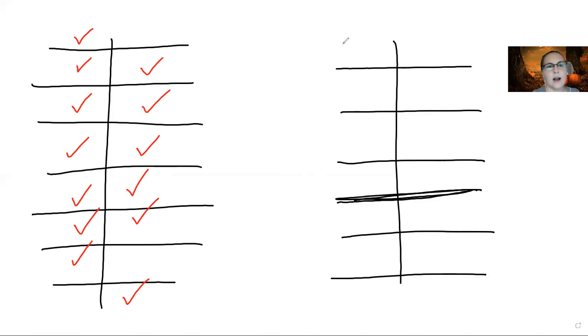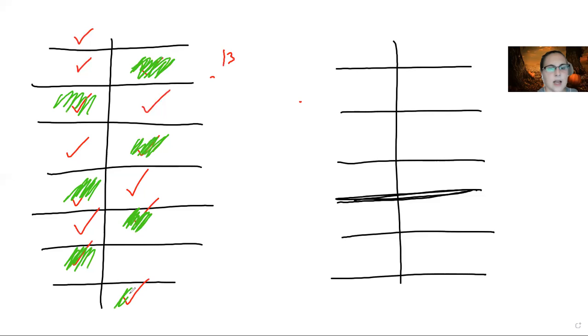and I now have 1, 2, oh, I should probably put my number down here first. 13 minus 1, 2, 3, 4, 5, 6, 7 who have left. How many spaces do I now have that are empty that were not empty before?